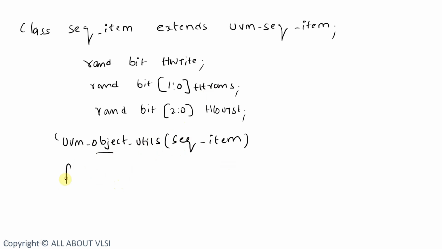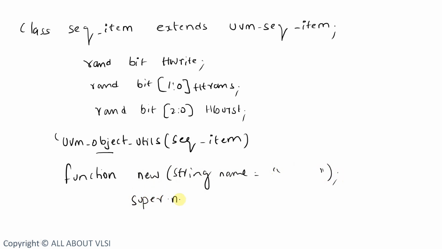And followed by new function, new, string name. That's it. So what is the name? You should provide this, and followed by super.new, and followed by endfunction and endclass. That's it.